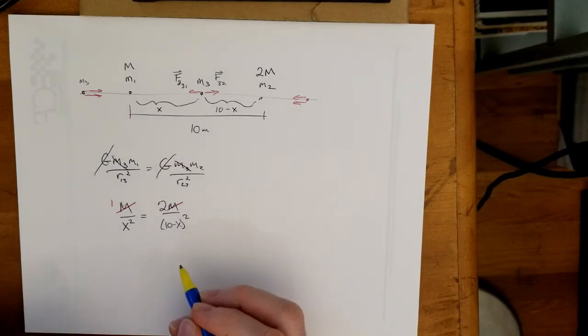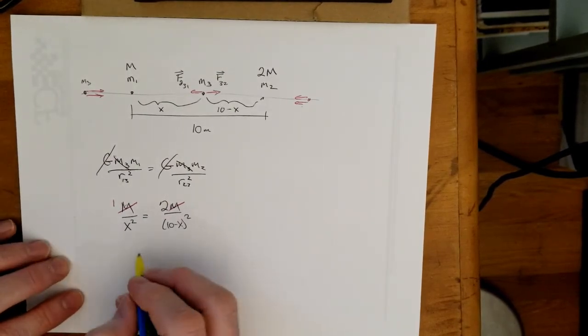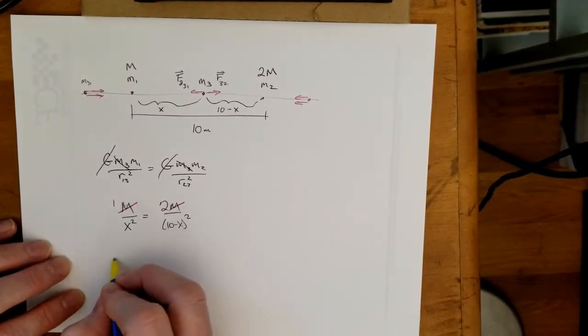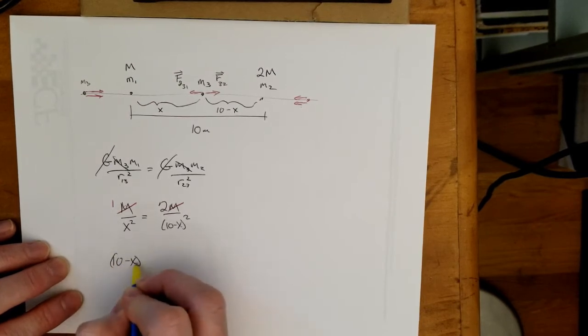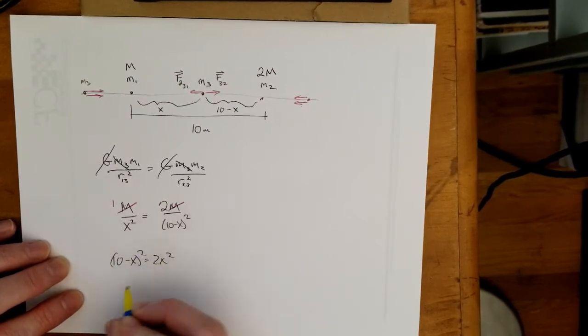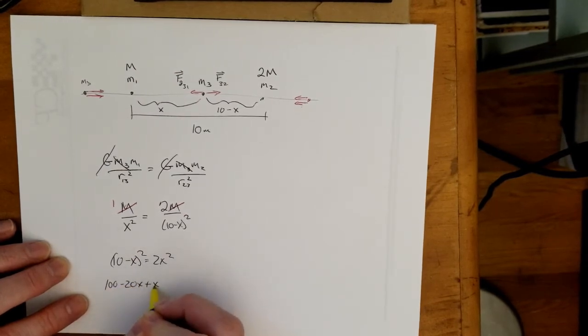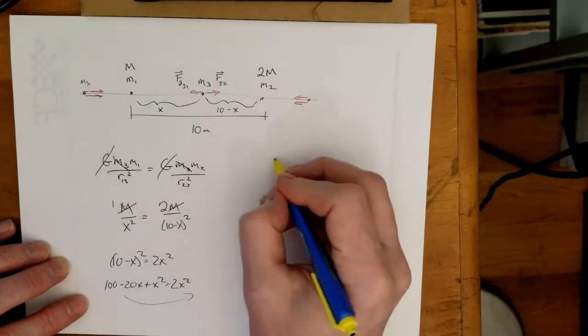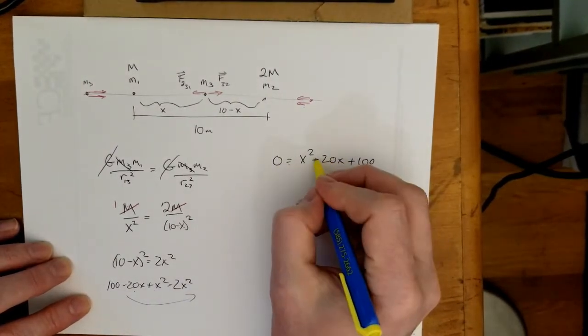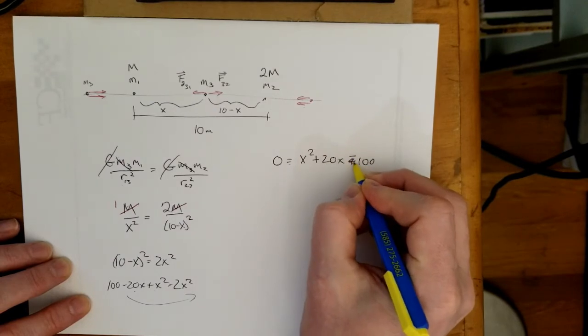And I could go through the quadratic if I need to. So if I went through the quadratic, so I have (10 minus x) squared is equal to 2x squared. This becomes 100 minus 20x plus x squared equals 2x squared, or bringing everything over, I get 0 equals x squared plus 20x minus 100.